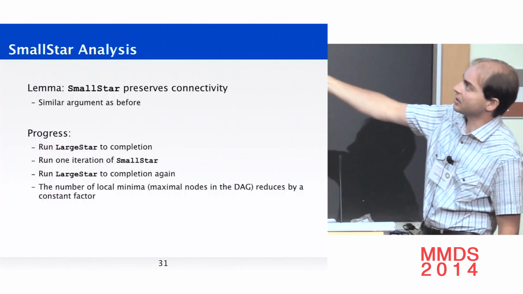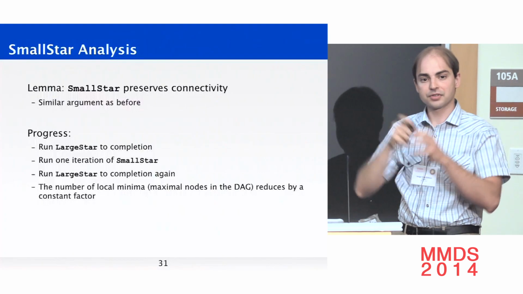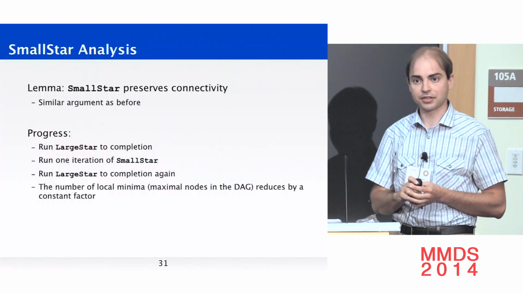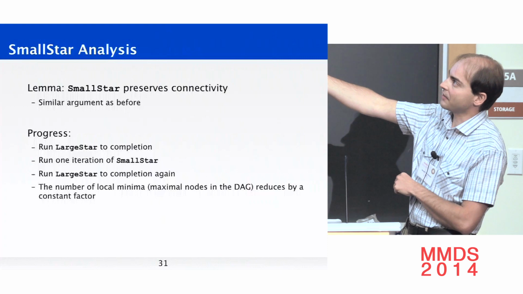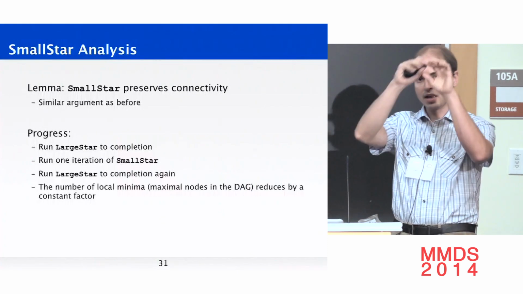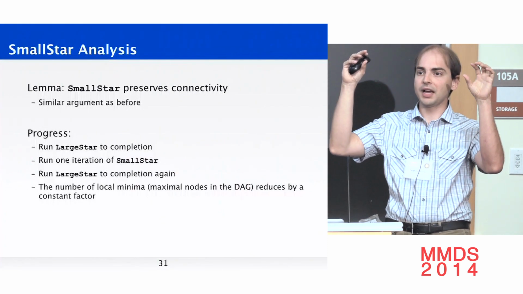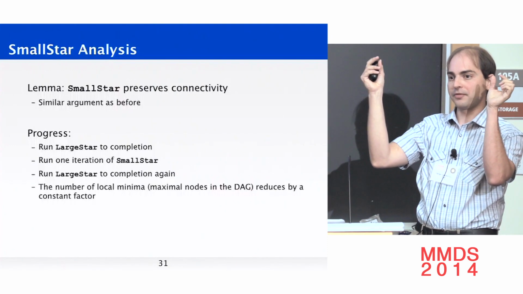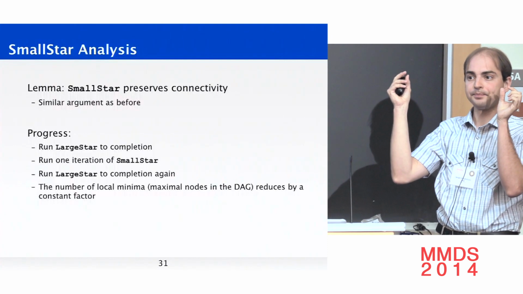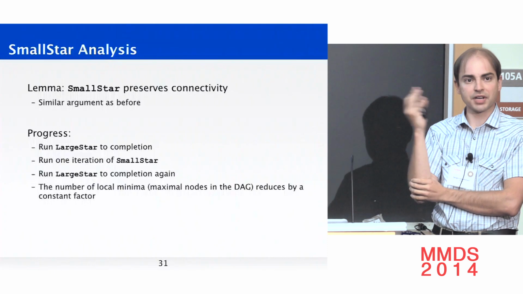This operation then reduces the number of root nodes altogether by a constant factor. So then if I again run all the way and go to a depth 2 DAG, my total number of root nodes has reduced by a constant factor. Right? This is a little bit harder to see, but it's the same algebra.